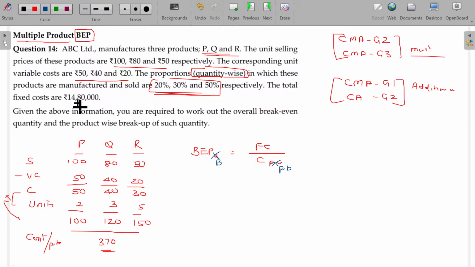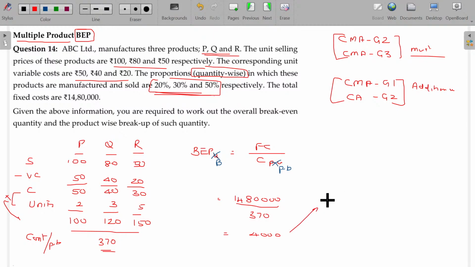That's all. So you can state this way. Now fixed cost being 14 lakhs 80,000 rupees. Contribution per batch in this case being 370. How many batches do you have to sell to break even? 4,000 batches you have to sell.